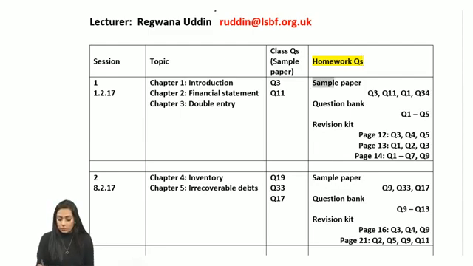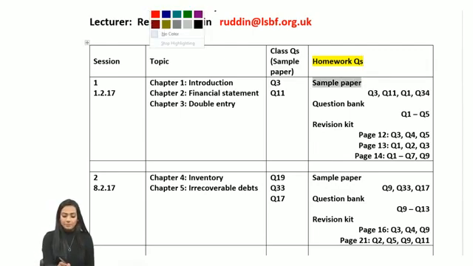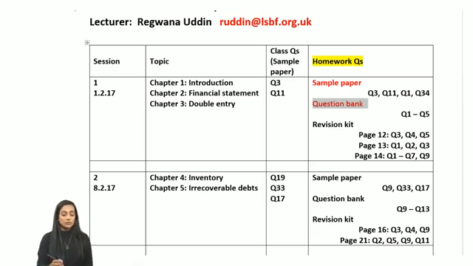You've got questions from the sample paper, questions from the question bank, which is at the end of the class notes, and questions from the revision kit, which can be found on the Canvas platform under your e-materials book. So you've got many questions to practice for homework.